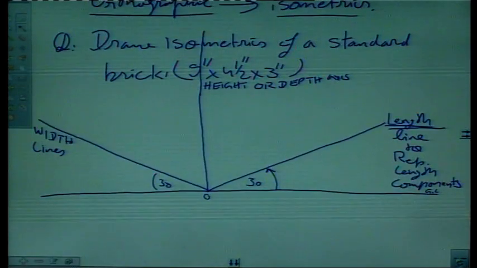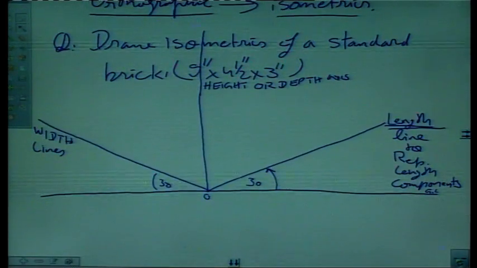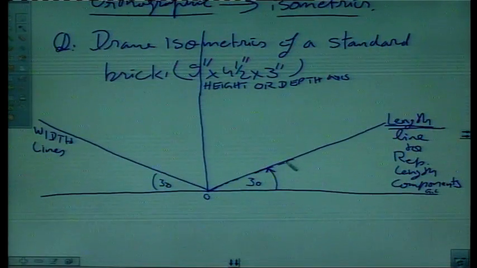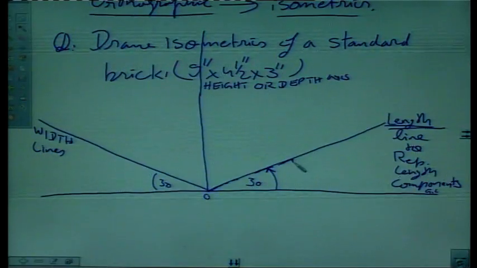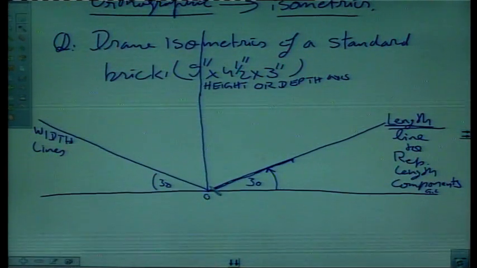So, in case of a brick, we have a length of, say, 9 inches. What we will do is, we will take a scale and mark 9 inches from here, say up to here it is 9 inches, right? We have marked length.